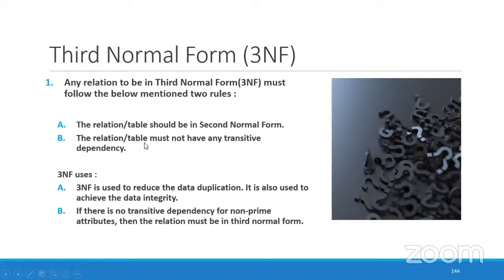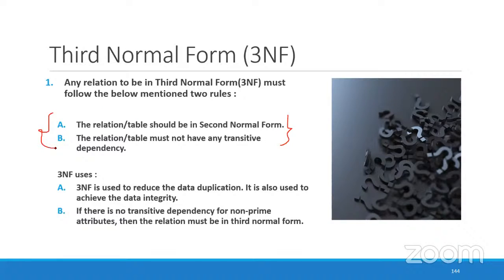This process is known as conversion from a second normal form table into a third normal form table. Conversion is nothing but removing the transitive dependencies from the table. These two are the important properties of third normal form.